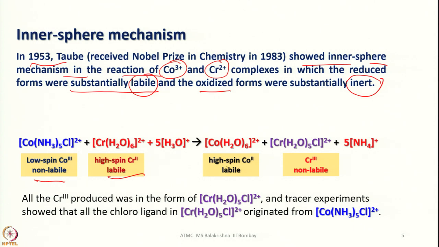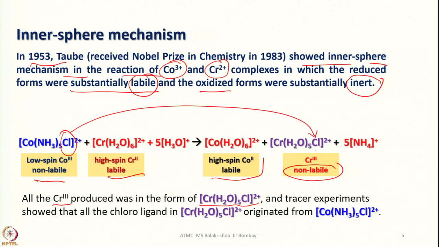Now the hexaaquacobalt 2 plus forms a high spin complex, and chromium 2 plus has become chromium 3 plus, which is non-labile. So, all the chromium 3 produced was in the form of this one, you can see here. That means the bridging group has shifted from cobalt to chromium after the redox process is over.